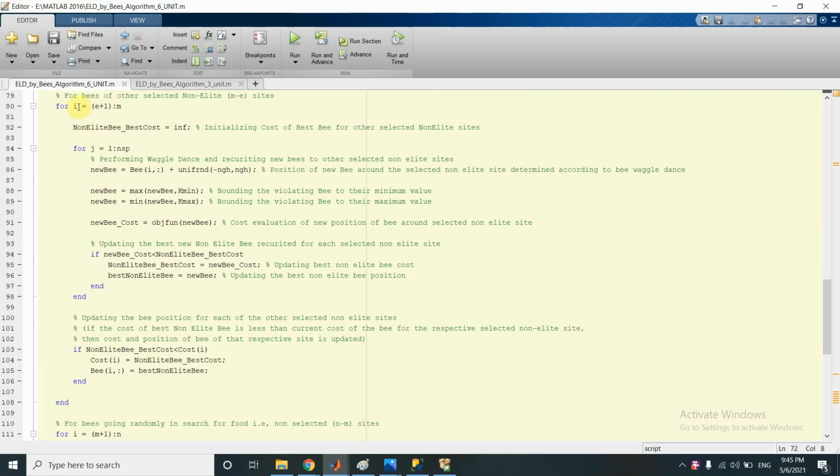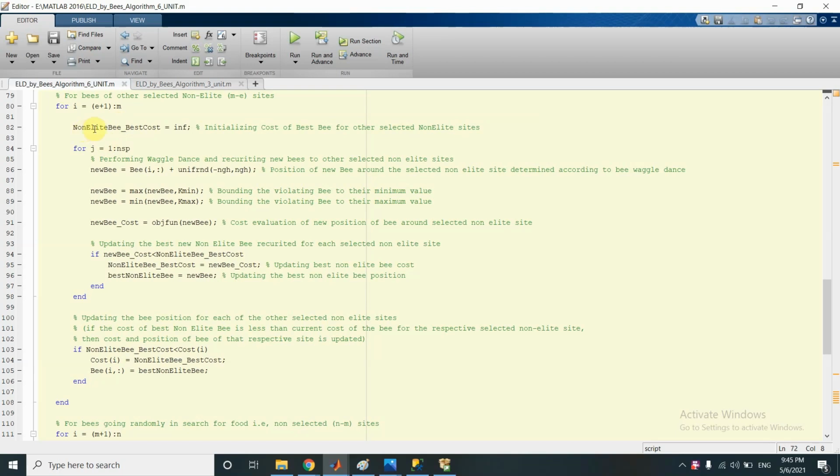Similarly, for the other selected non-elite sites, we once again initialize another for loop, and this for loop will run from e plus 1 up till m. So e was 40, e plus 1 would be 41, and m is 100. So this for loop will run from 41 to 100.